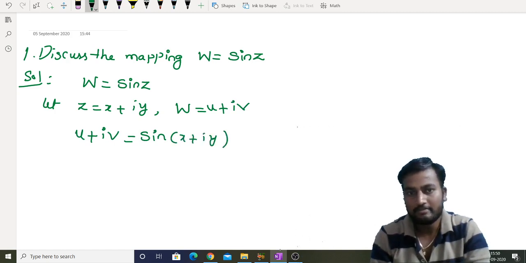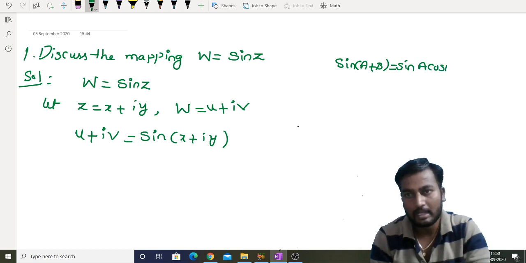Since we have sine of a plus b, which is sine a cos b plus cos a sine b, it is clear.